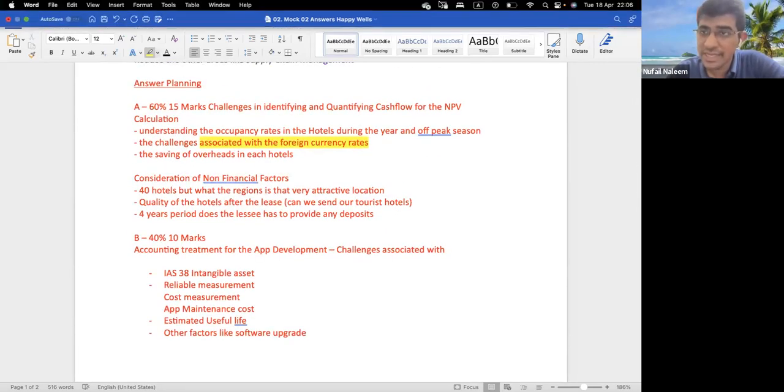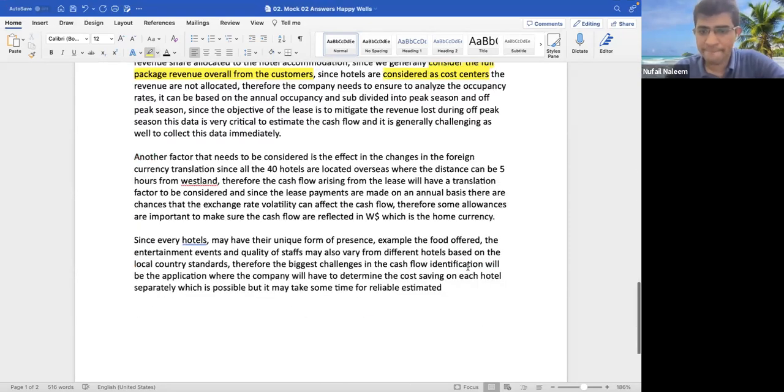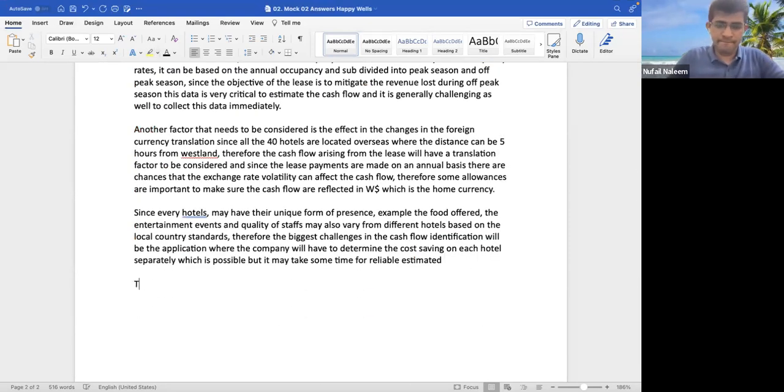I need to go to the second consideration, that is consideration of non-financial factors also. So I'll write down the next one as well. The consideration of the non-financial factors can be as follows.